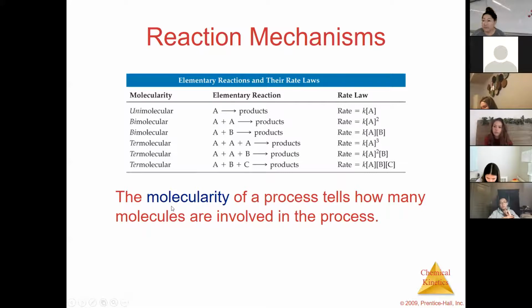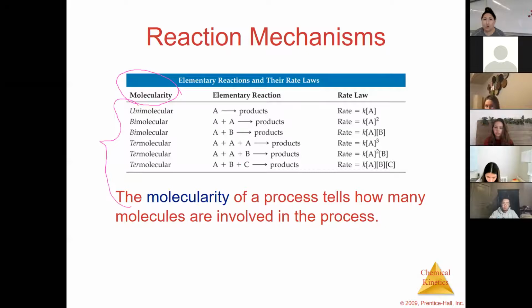And notice it doesn't go further than that. And this is not the order. People always get this wrong. When I ask for molecularity, that's this vocabulary. Order is first, second, third, and you can have a bunch.